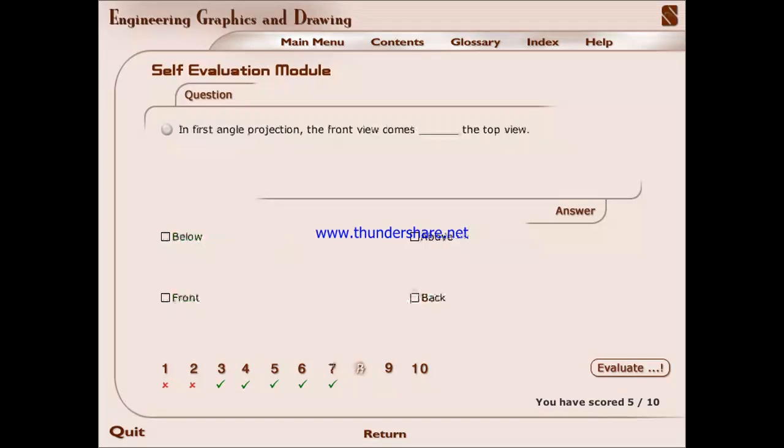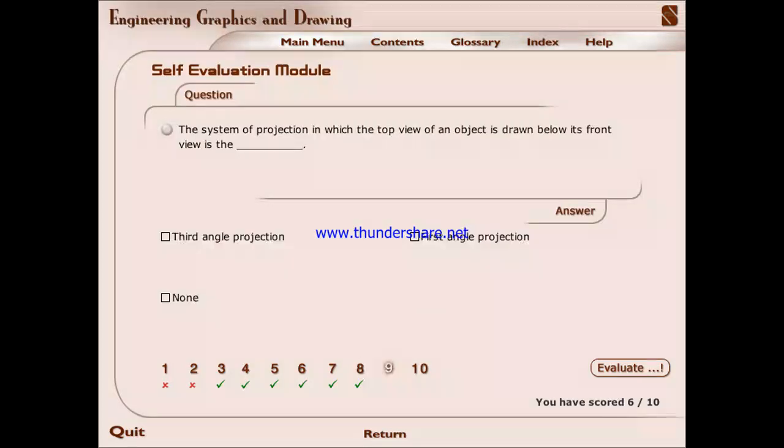Now next, in first angle projection, the front view comes above the top view. Next, the system of projection in which the top view of the object is drawn below its front view is third angle projection, first angle projection, none. Front view is the first angle projection.